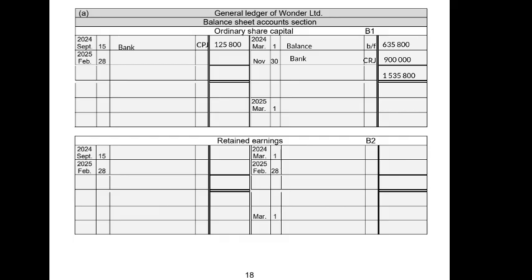Remember, we need to make the same as the debit side. So again, we write down 1,535,800. So our balancing figure, we will write on the debit side 2025 February the 28th, balance carry over.